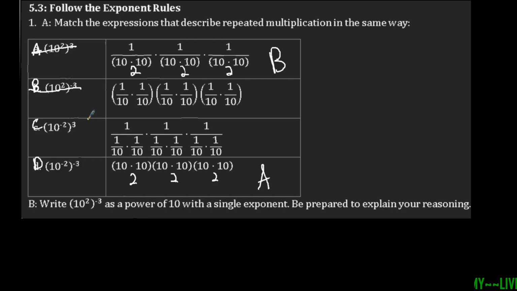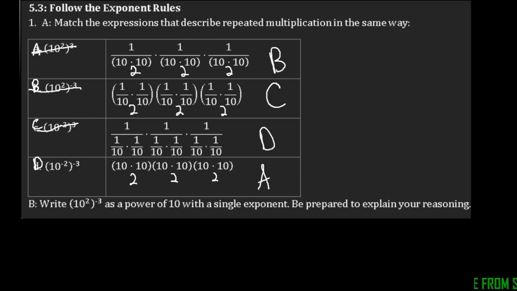So that's going to be this second option here. So this one is going to go with C because notice how I have 10 squared in the denominator 3 times. And separately, a little bit different now, I have 10 to the negative 2 power to the negative 3 power, and so that's going to be our last option, which is this part D.